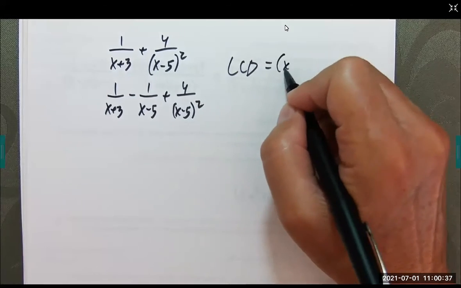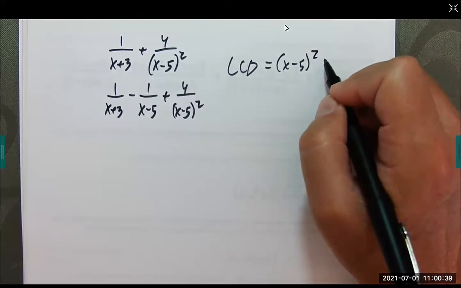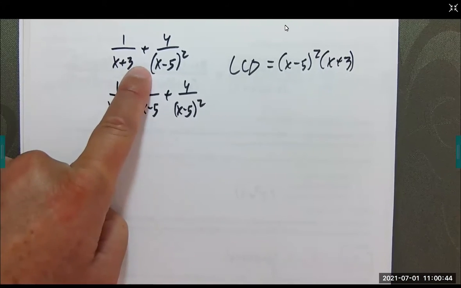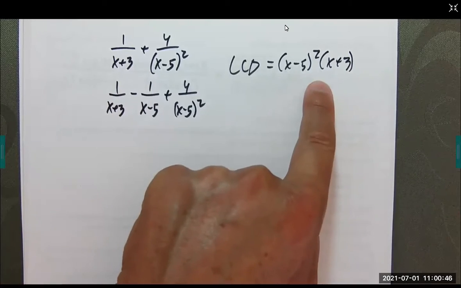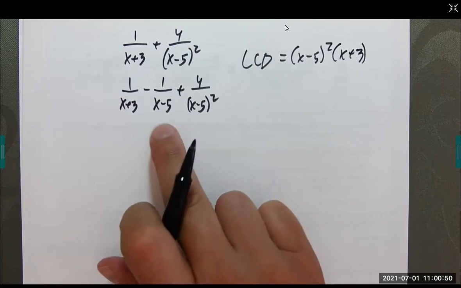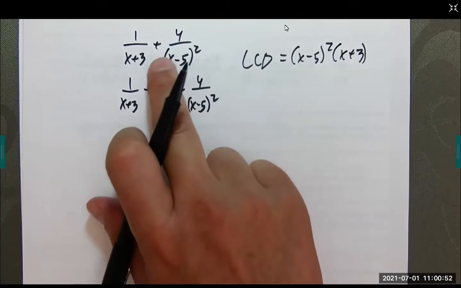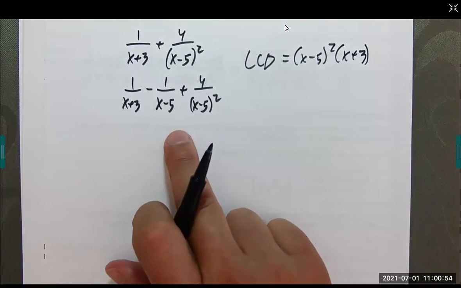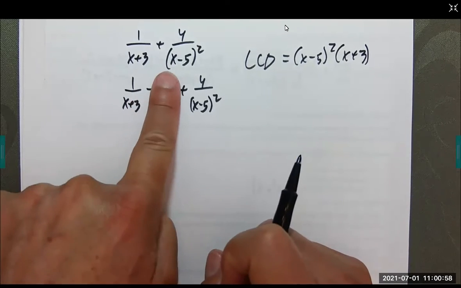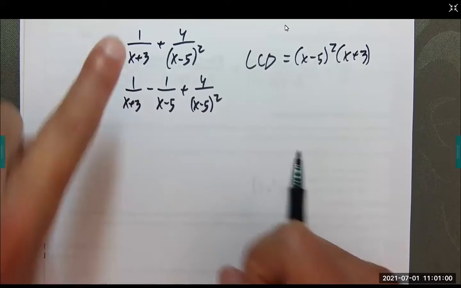It's still x minus 5 squared times x plus 3. So whether I have this term or I don't have this term, the LCD is the same. So when I'm given the result like this, I'm going to assume that I have that one there. If this one doesn't exist, like it doesn't up here, then whatever that letter is will equal 0, and it'll just go away, and it'll become like this one.